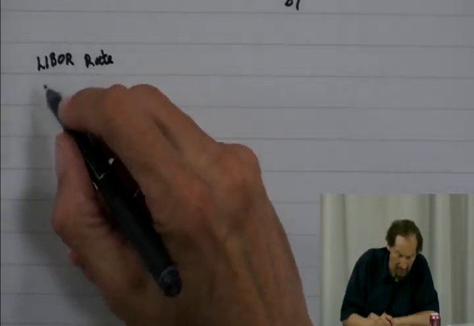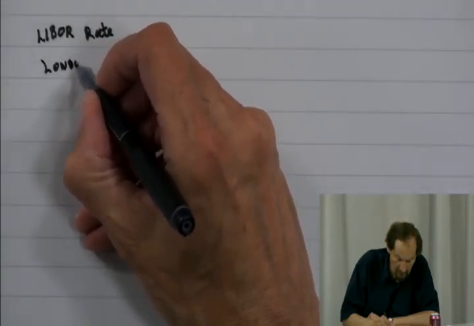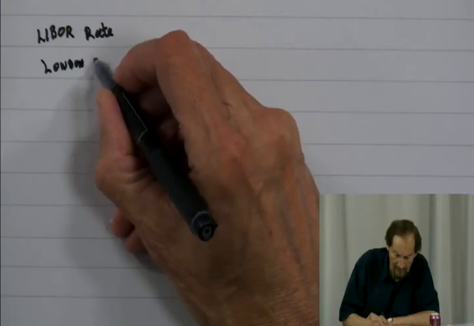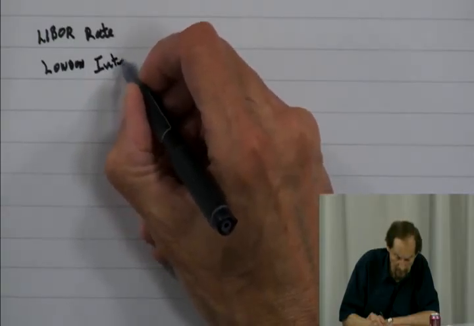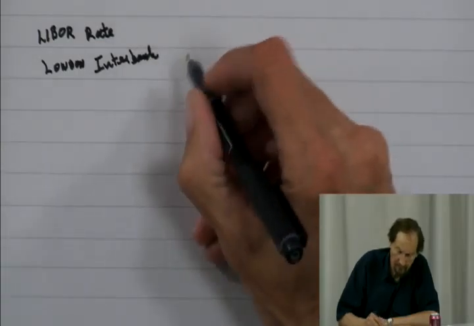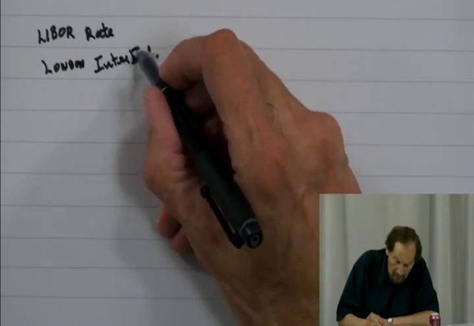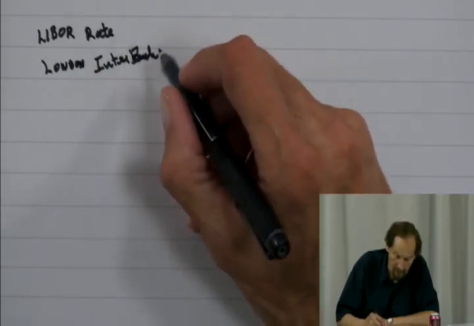And there's a typo in the handout. LIBOR stands for the London Interbank Offered Rate, with a capital B there.